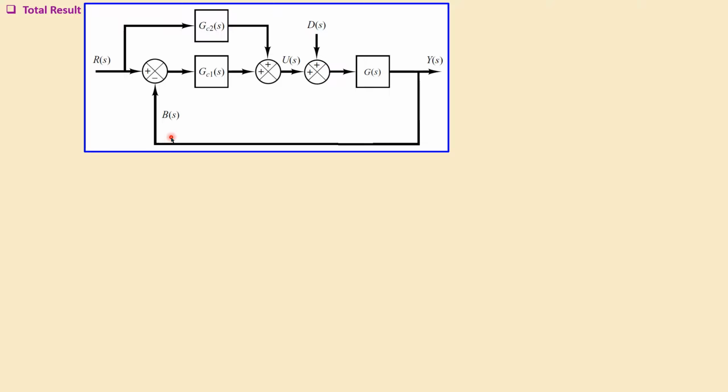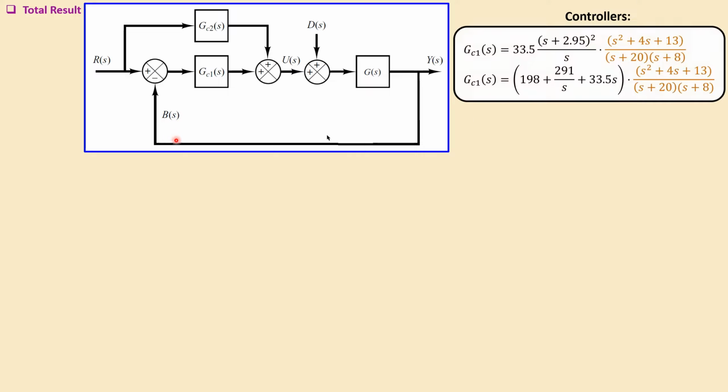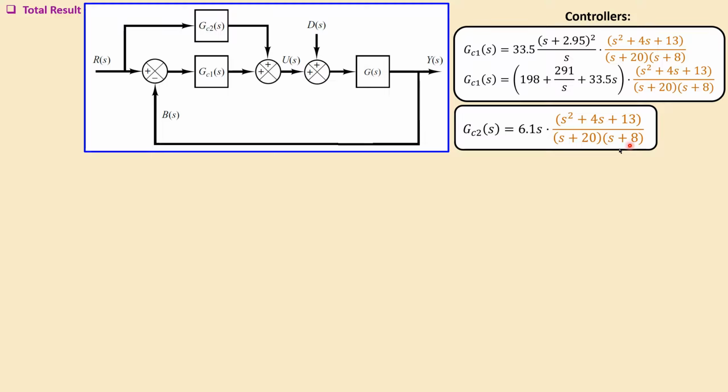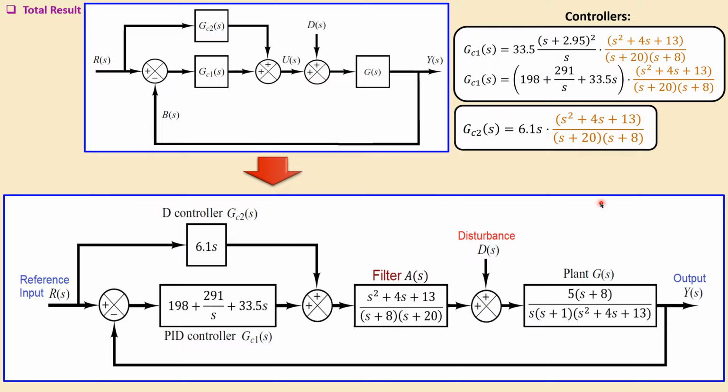Okay, now the total result. This is the configuration, and these are the controllers we have designed. This is the controller 1, GC1, and then given in a different format, this is the GC2. You can see all of them have the filter A in cascade. Now this will then be transformed into this form.